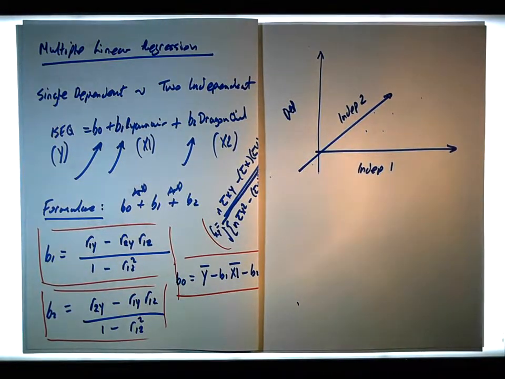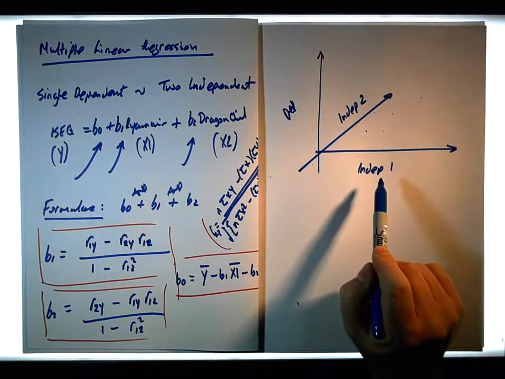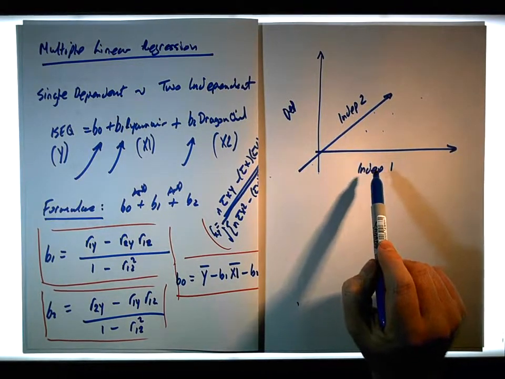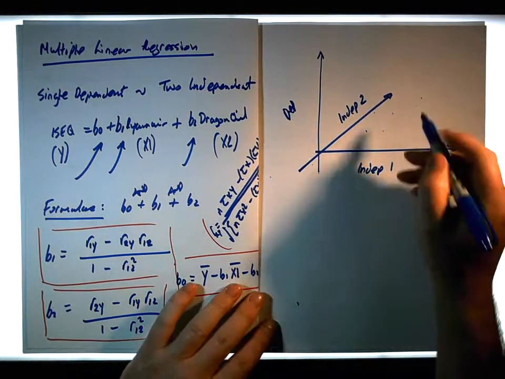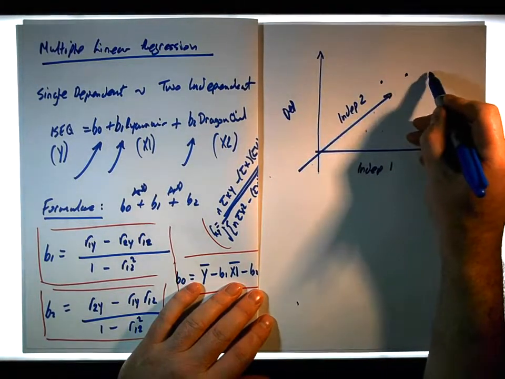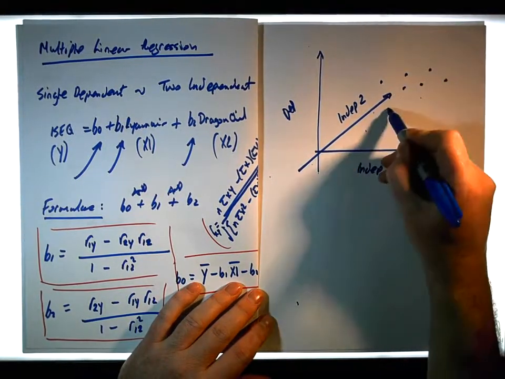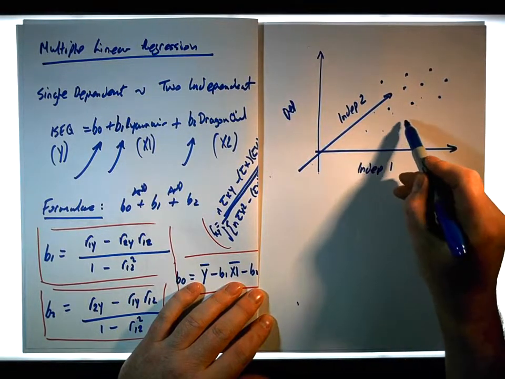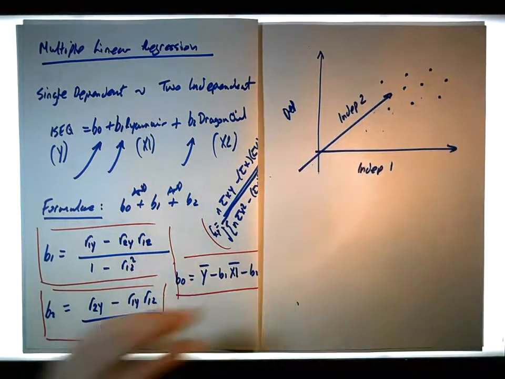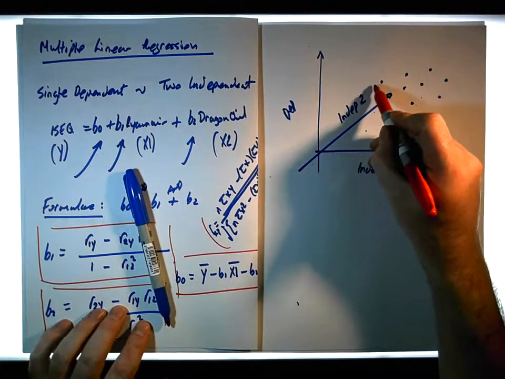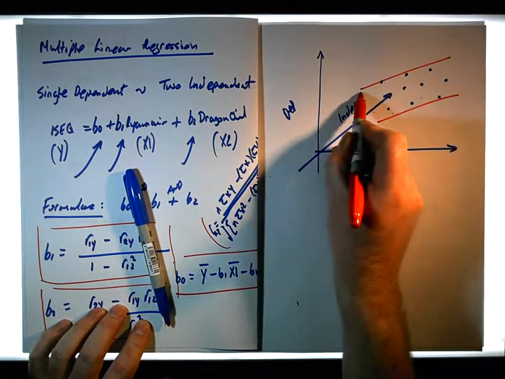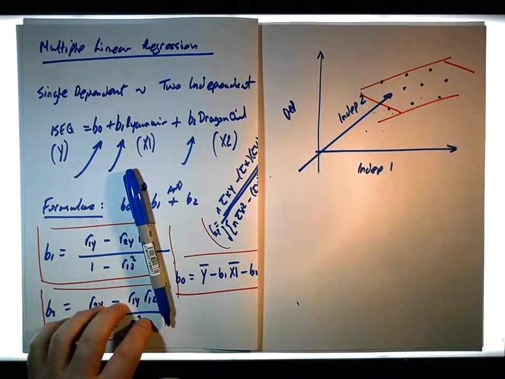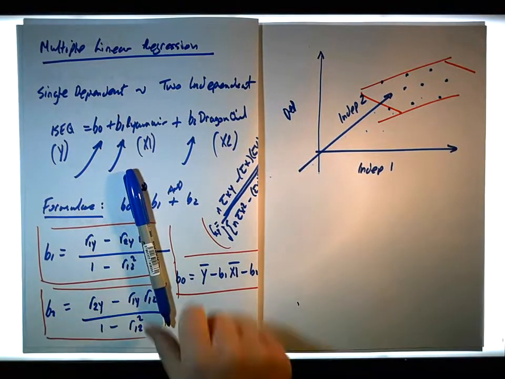So we've got three observations: two independent observations and a dependent observation. Basically what we end up with is points in three-dimensional space. Our job this time is to try to find a plane of best fit that goes through those particular points.